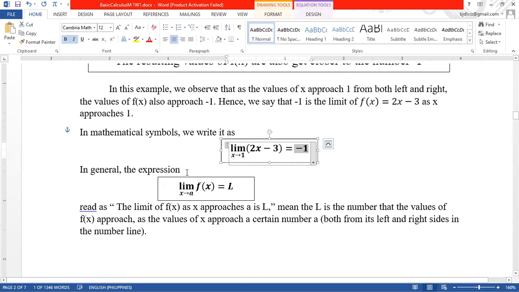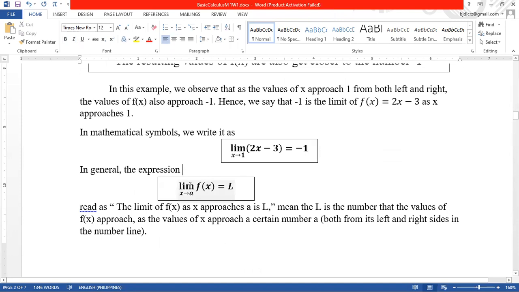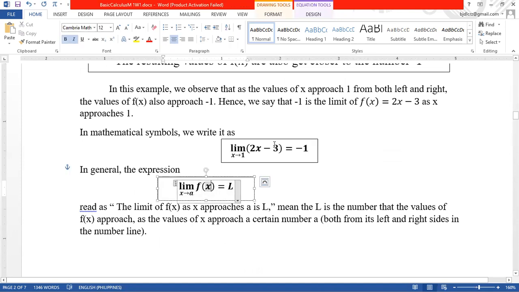So in general expression, limit of f of x, so si f of x mao ni siya, as x approaches to a, ang a nato is si 1, is equal to L mao na ang limit which is si -1.